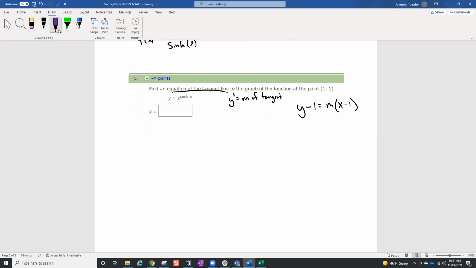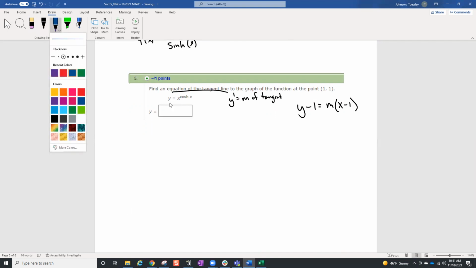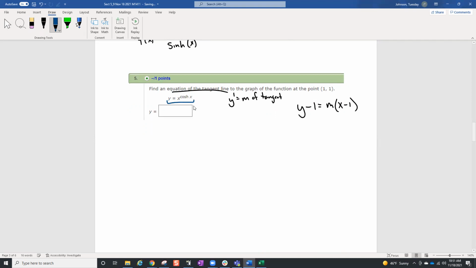But when I look at this function, I notice, hey, the x is a base, and so our variable is both the base and the exponent. Anytime this happens, we go to my absolute favorite, logarithmic differentiation. And that's not even lying, I love logarithmic differentiation.